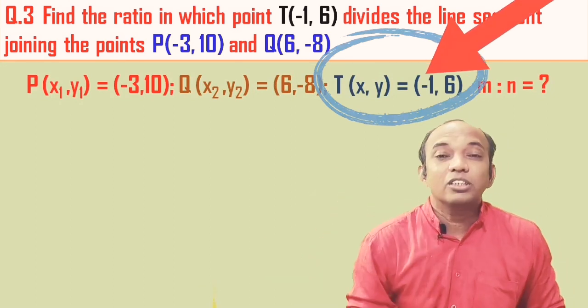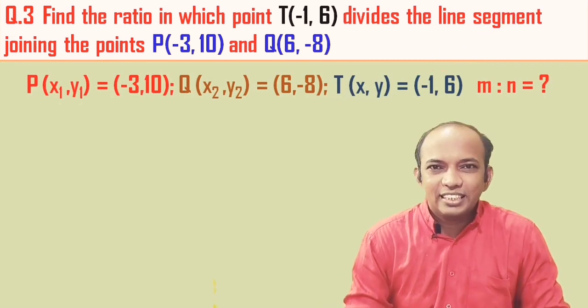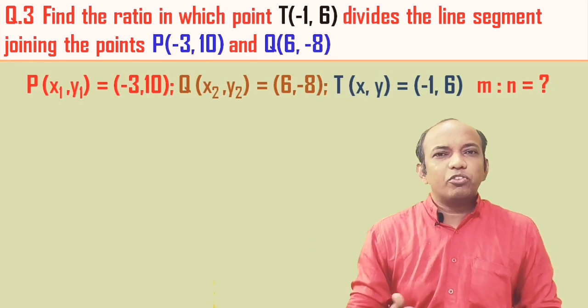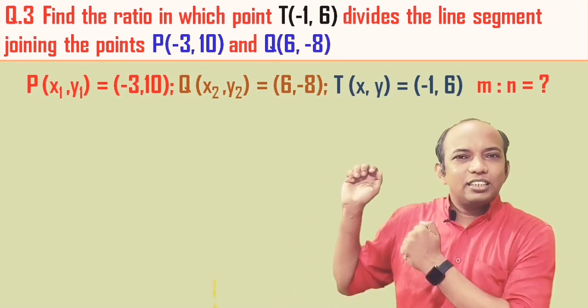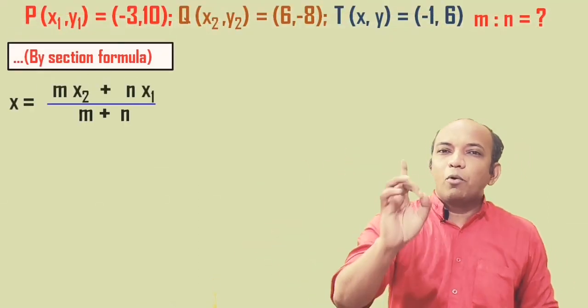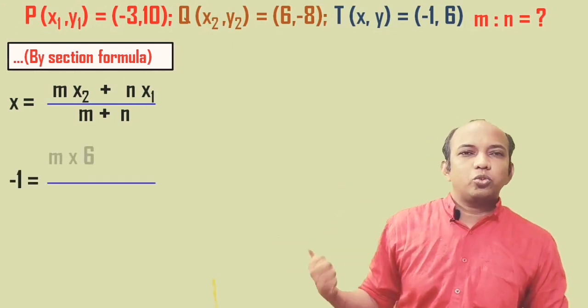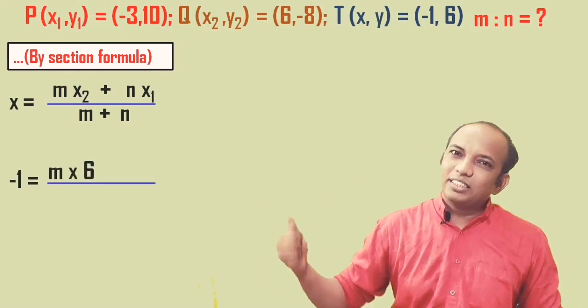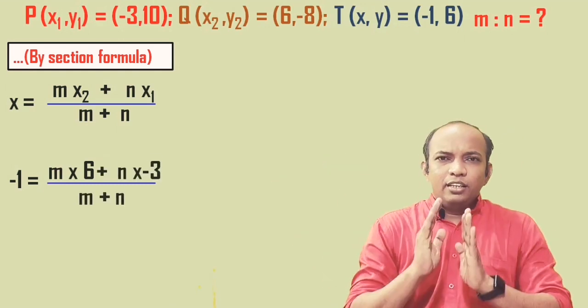Yes, negative 1, because the value of 1 always makes our calculation easier, right? So of course we will choose the formula for x. The formula is x equals mx2 plus nx1 the whole upon m plus n. Substitute the values, we get negative 1 equals m into 6 plus n into negative 3 the whole upon m plus n, right?